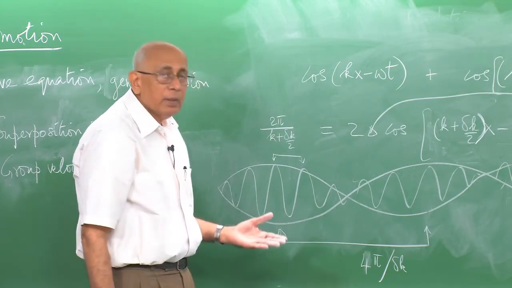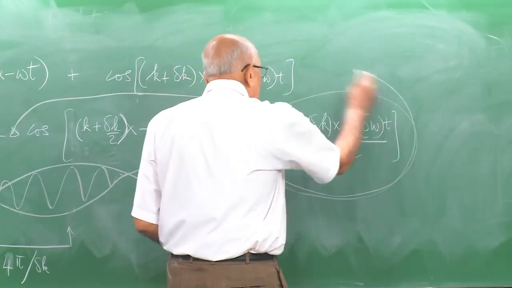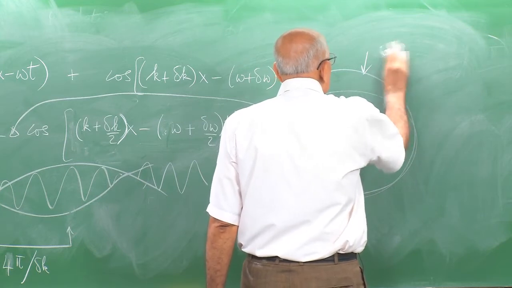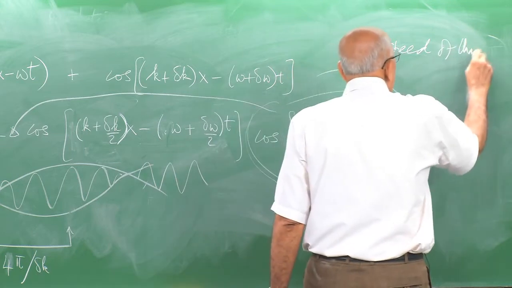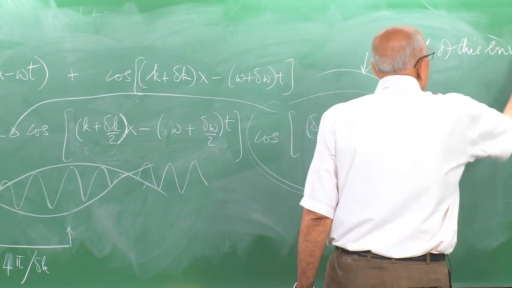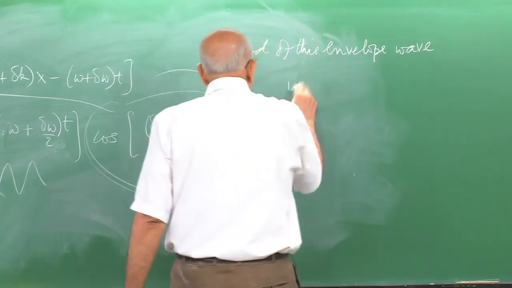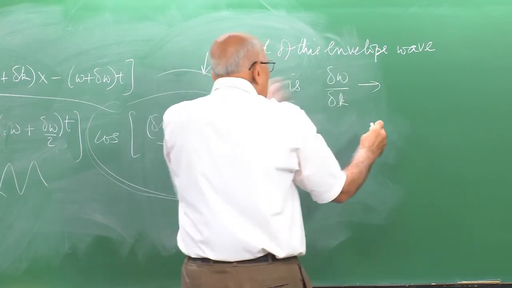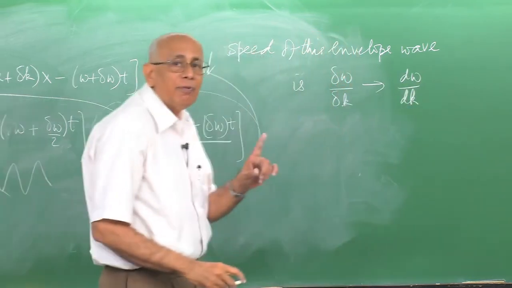At the same time, this is also travelling along, and what is the speed of travel here? It is the speed of this cosine here. So, this would correspond to a wave velocity or speed of this envelope wave, which is delta omega over delta k, or this tends in the limit to d omega over dk if omega is a function of k.